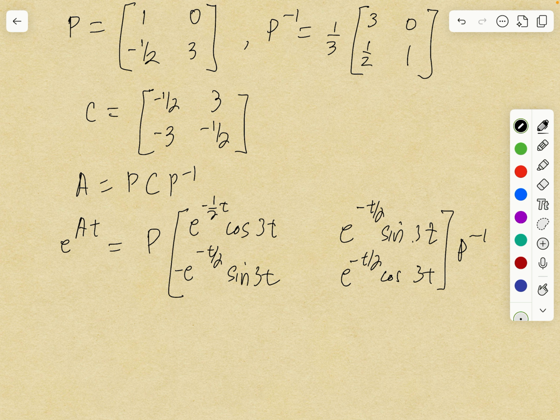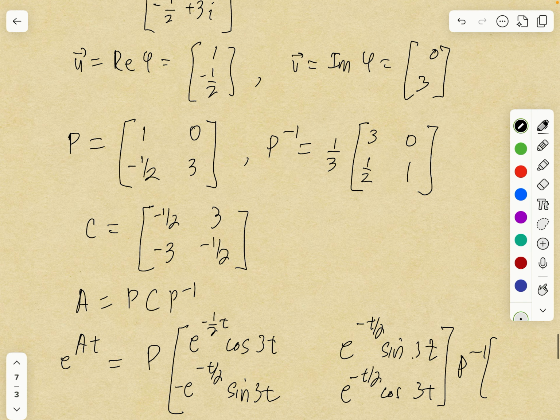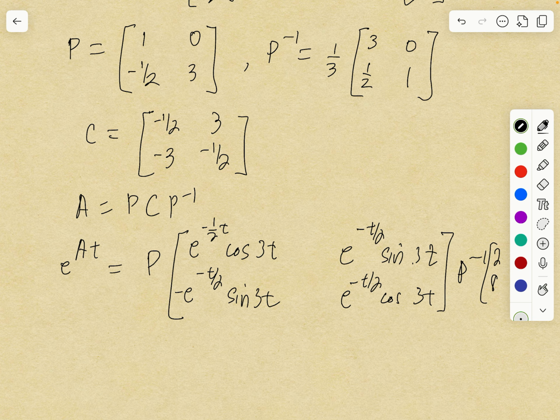It turns out, and I'll leave this as an exercise, it's pretty easy to see that to use the initial values, you can just take this matrix and multiply it by the matrix whose components are the initial conditions. So x1 of 0, well, that's y of 0, so that's 2, and then x2 of 0 is y prime of 0. So I have to multiply this by 2, 8.